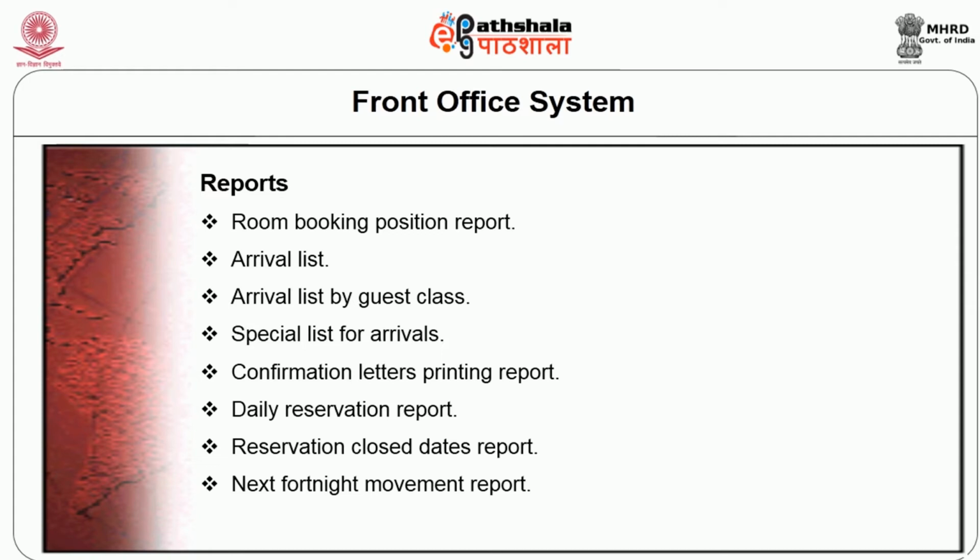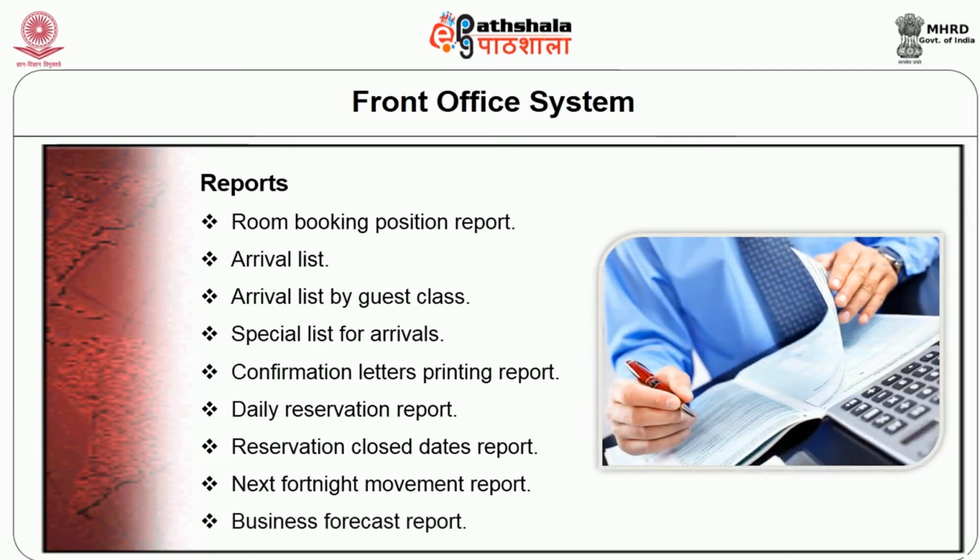The report covers what has to be taken into account for the next 2 weeks, how it should be organized, and what you need to pre-arrange for all these movements. Everything can be recorded in the next fortnight movement report related to the reservation.